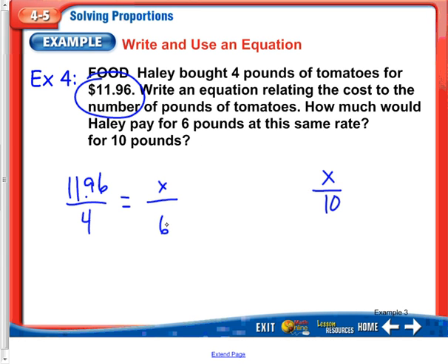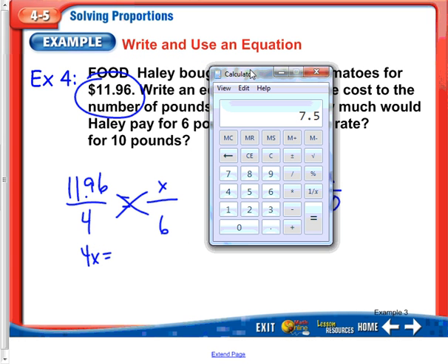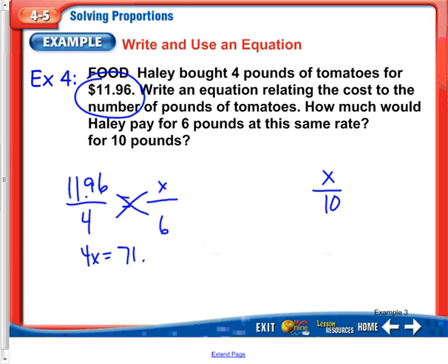To get from 4 to 6, it's not really easy to do, so we can just cross multiply. We get 4 times x equals 6 times 11.96. And that equals $71.76, or just 71.76.